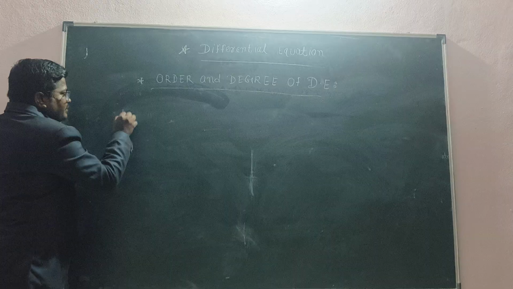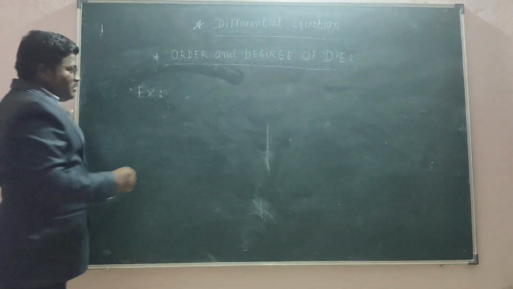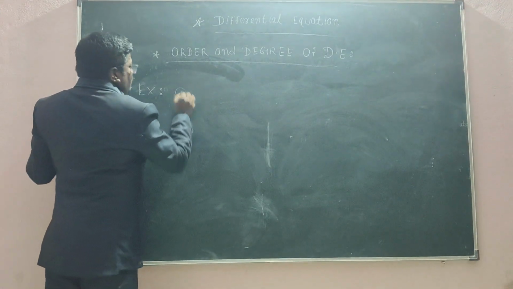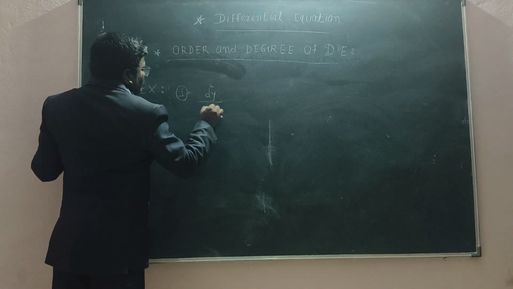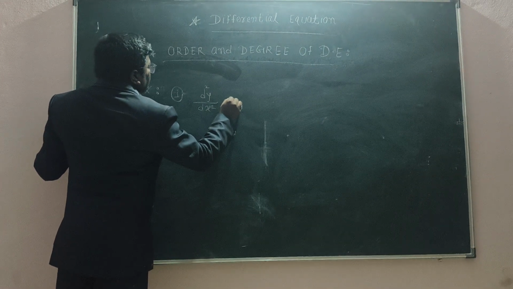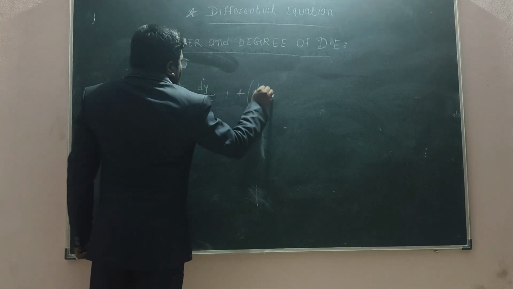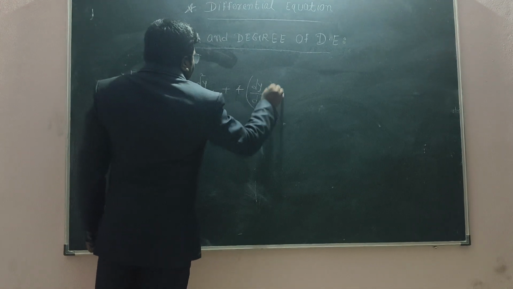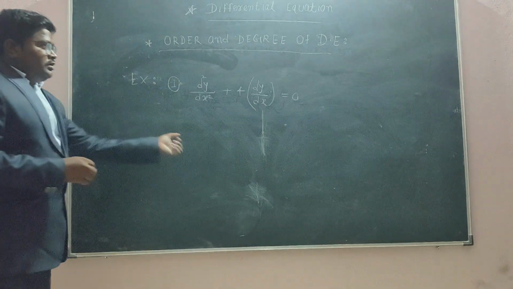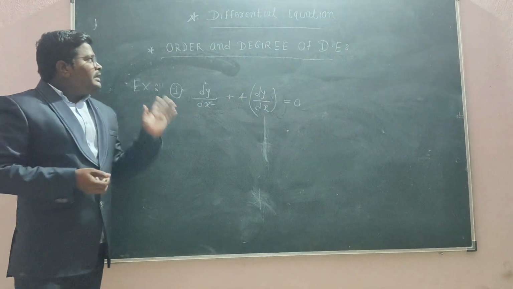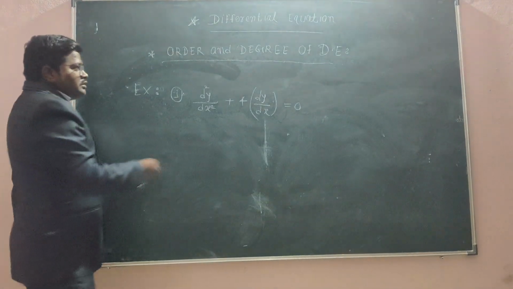Next, examples of order and degree. The first example we see here: d square y by dx square plus 4 dy by dx is equal to 0. In this equation, by the definition of order, the highest order derivative is 2.